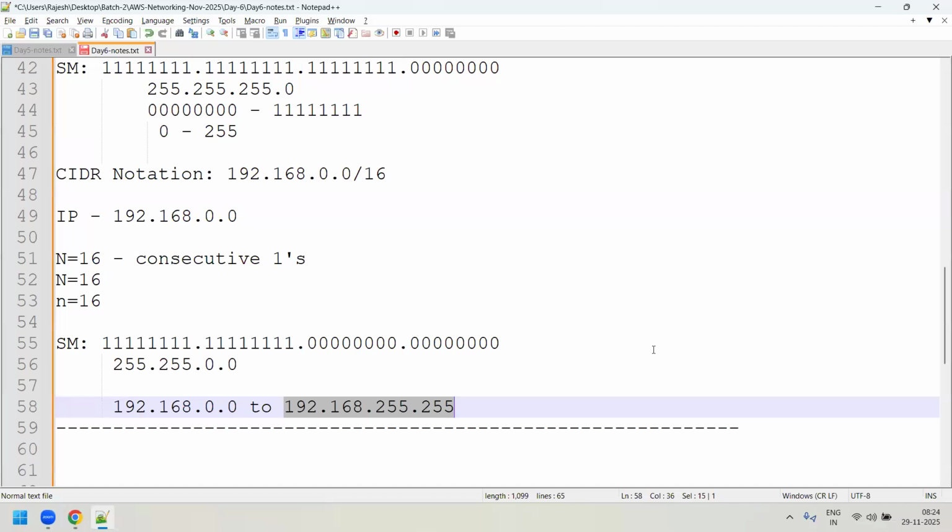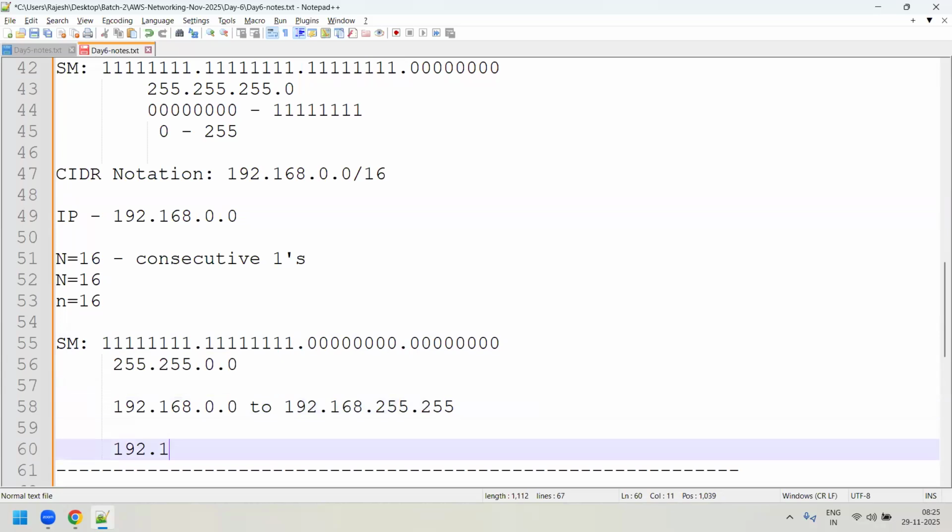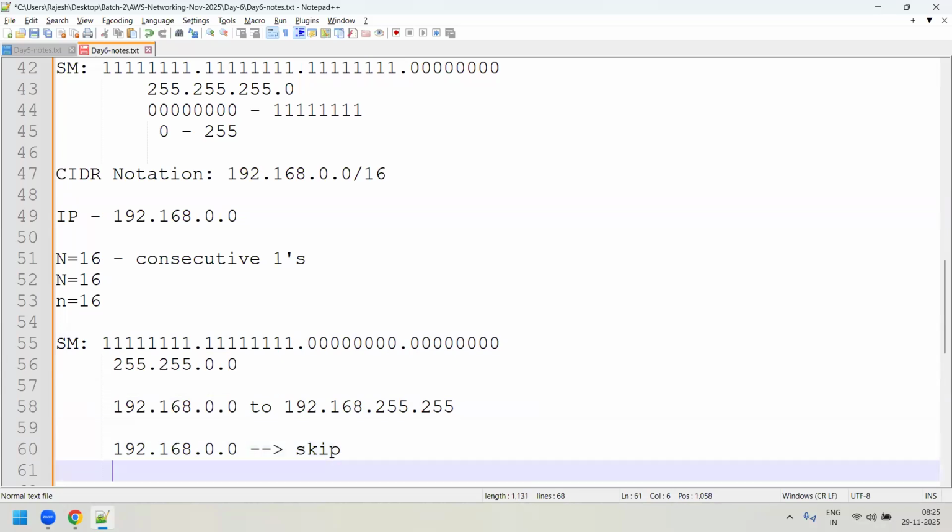For example, 192.168.0.0, you can skip this. You cannot assign it to any device. The next will be 192.168.1.0. This will be the first one.